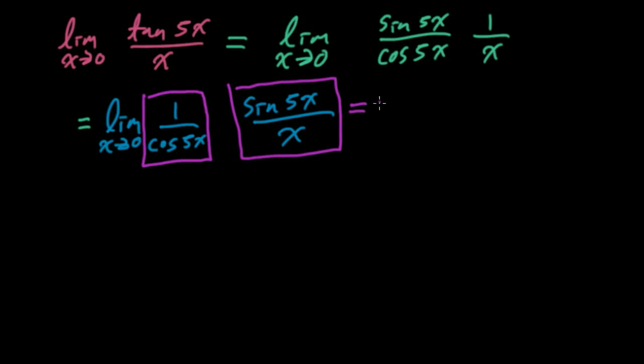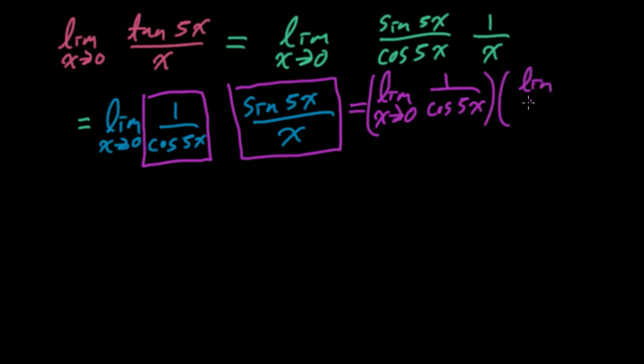This is equal to the limit as x approaches 0 of 1 over the cosine of 5x, times the limit as x approaches 0 of the sine of 5x divided by x. So all we did was split up this limit.